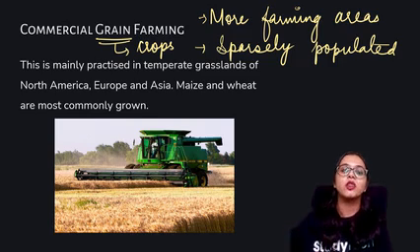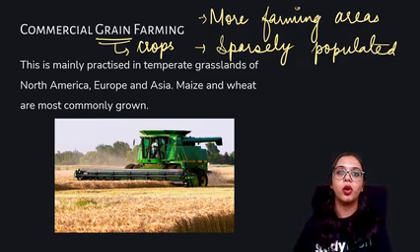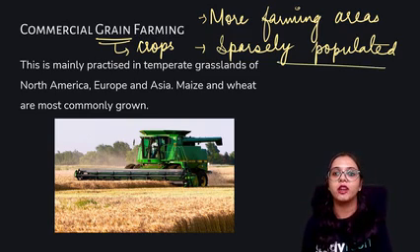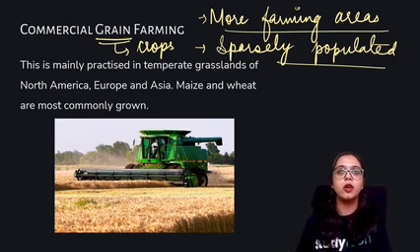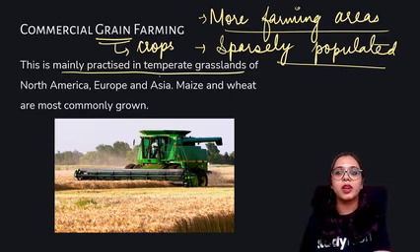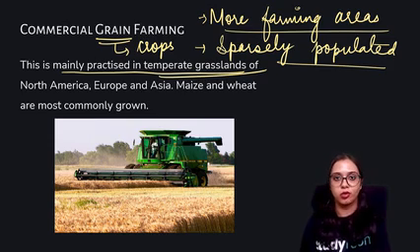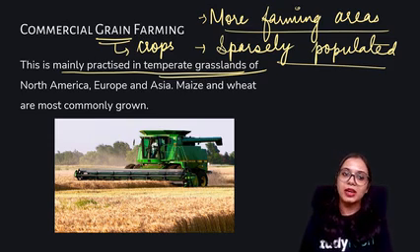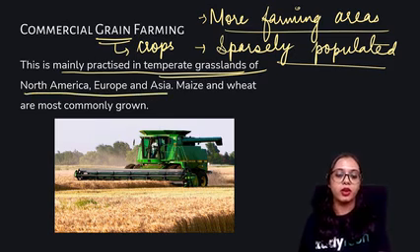In order to extend it, you have to make sure that there are not enough people living nearby. So sparsely populated areas where you can expand to more and more hectares of farming areas. Therefore, this is mainly practiced in temperate grasslands where the extent of population is not so much, and is practiced mainly in North America, Europe, Asia, etc.